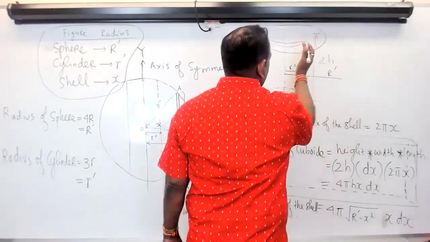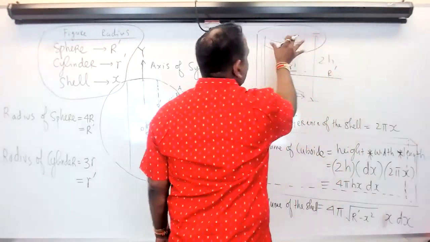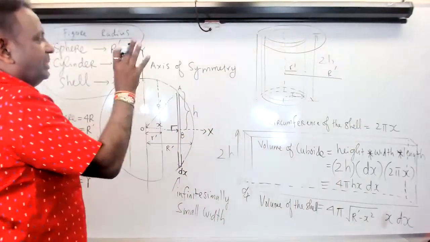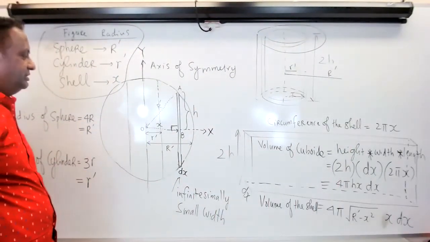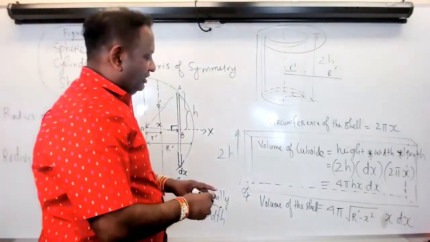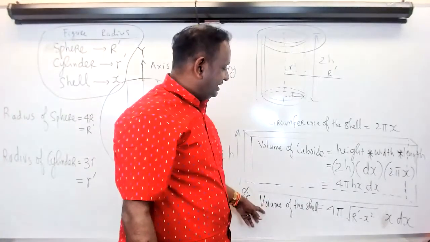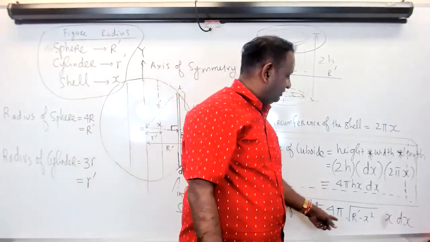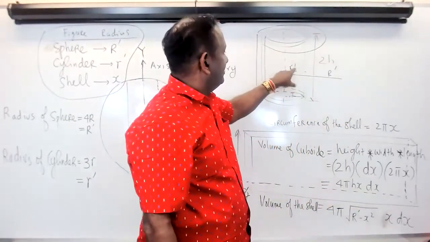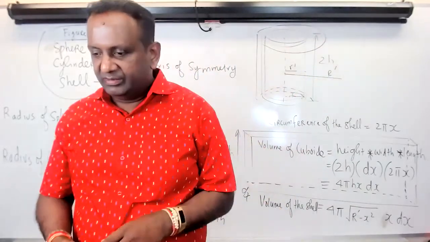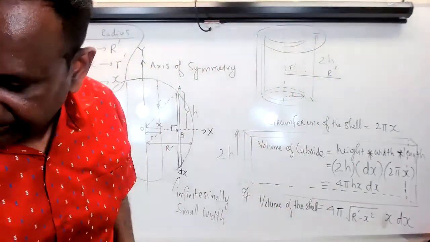If you keep stacking these cylindrical shells from this point to that point, that would pretty much cover the volume of the bead. That means you simply integrate this with respect to x from small r prime to capital R prime. That's it.